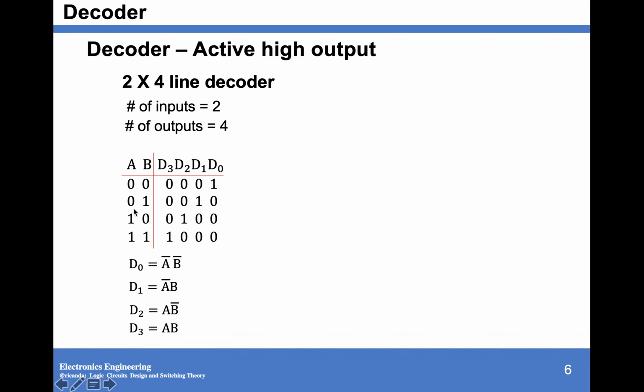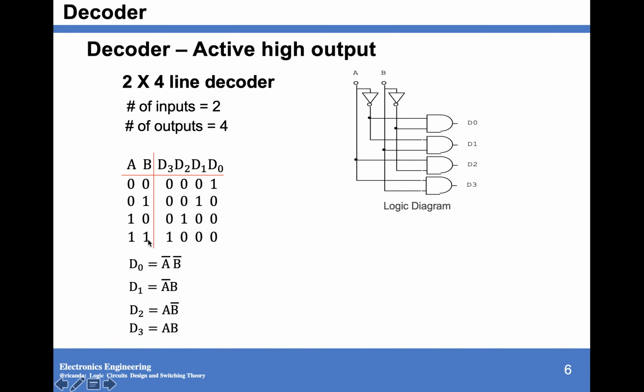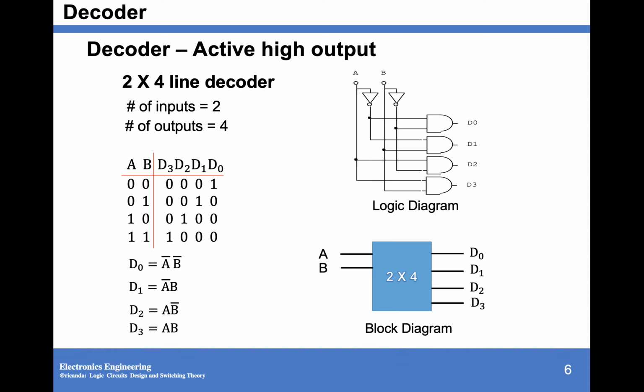D1 belongs to 0, 1, where B is active, or 1, so that is A bar B. D2 belongs to 1, 0, that is A B bar, and D3 belongs to 1, 1, that is A B. So this is now your logic diagram of this 2 by 4 line decoder, and we have this block diagram. We have 2 inputs and 4 unique outputs from D0 to D3.